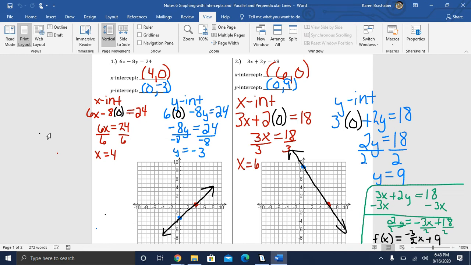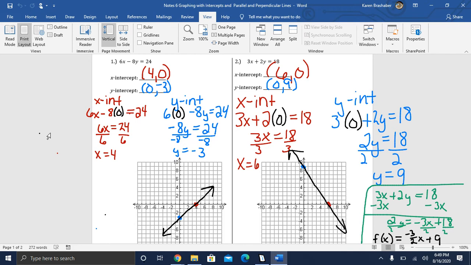So down at the bottom of this notes page, it says to write in function notation. That's what you would put. f of x equals negative 3 over 2 x plus 9.